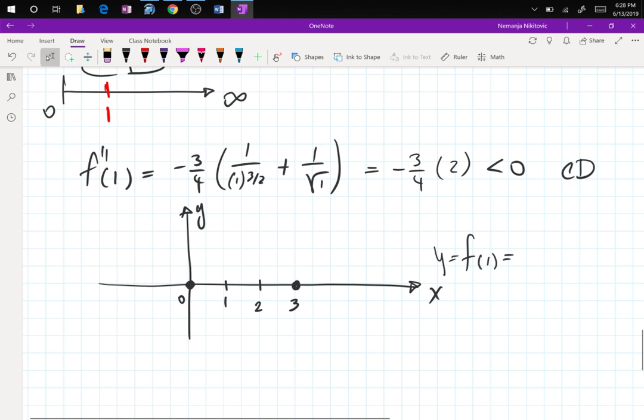So our original problem is 3 times square root of x minus x to the 3 halves. So this is equal to 2. Okay, great. So 1, 2.